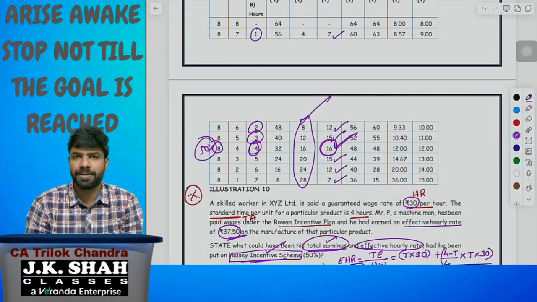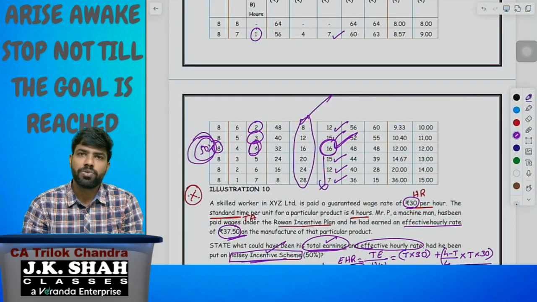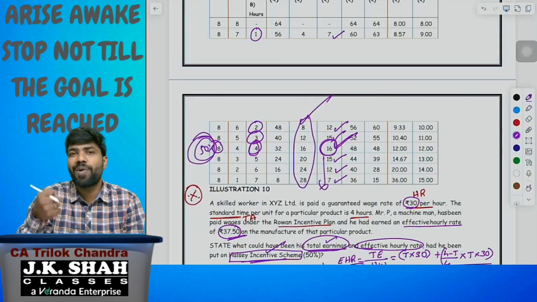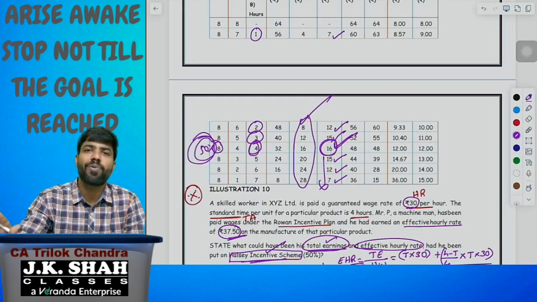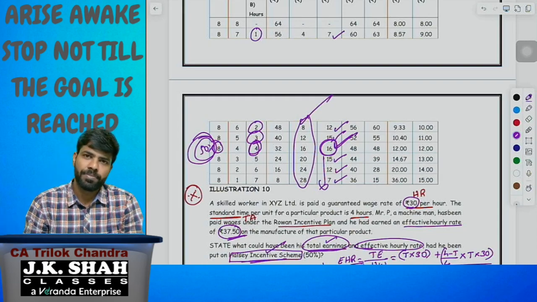The Rowan scheme increases up to 50%. After that, it decreases again. So because of this, we can maintain the quality. If you go by the Halsey scheme, the workers will be least bothered about the quality of the product. It will affect the quality.